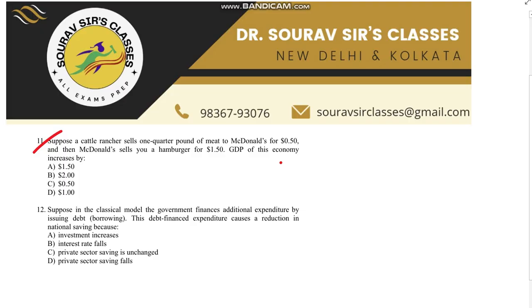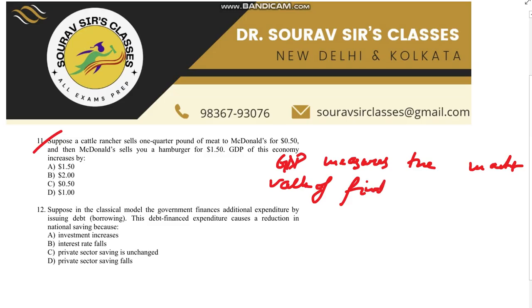So GDP measures what? We know that GDP measures the market value of final goods and services which are produced in an economy by the producers.